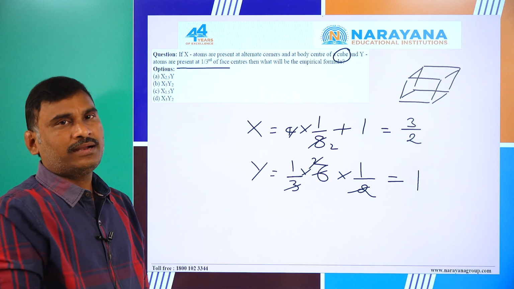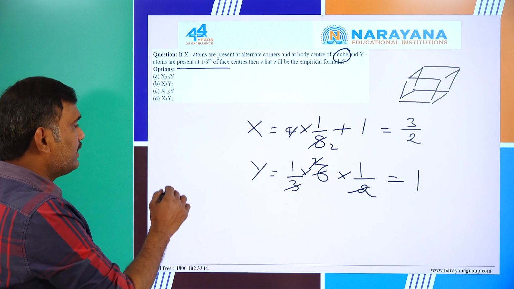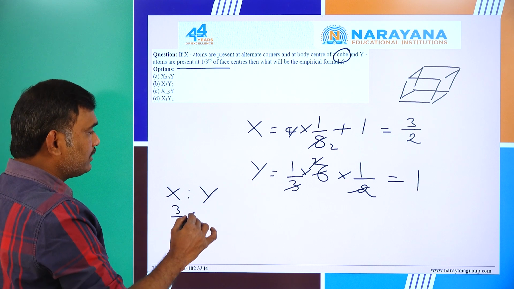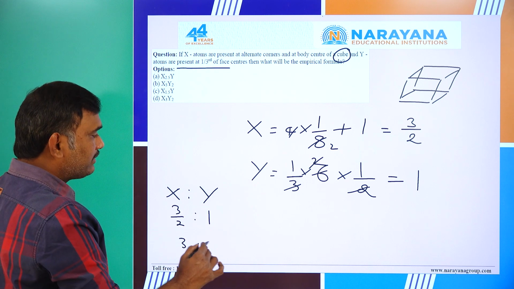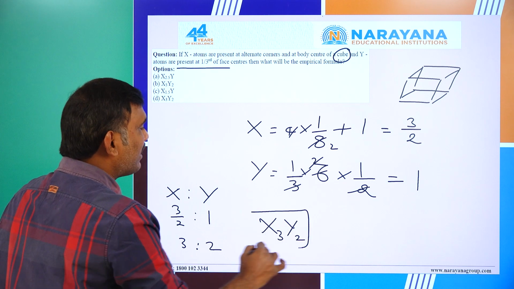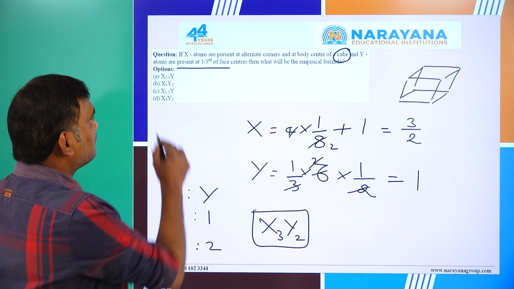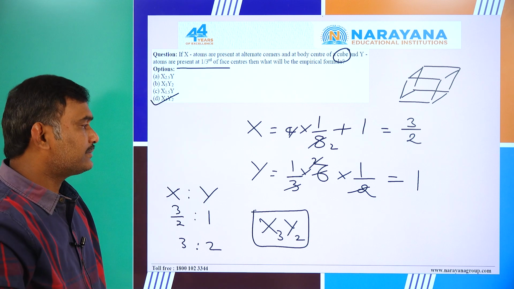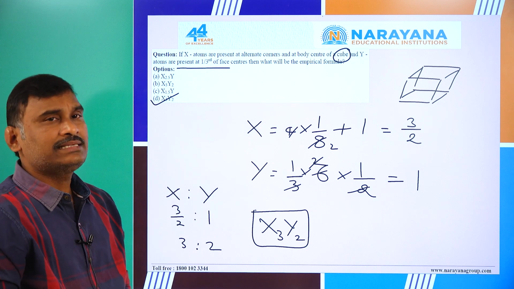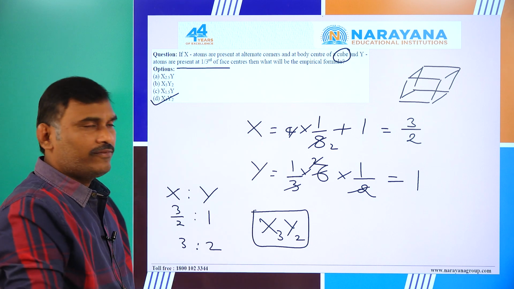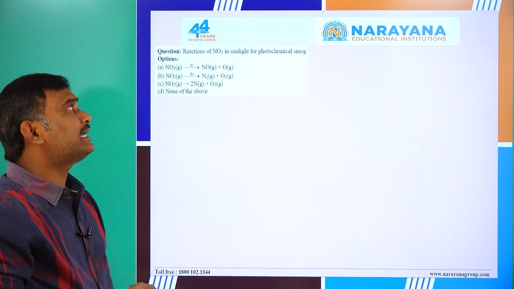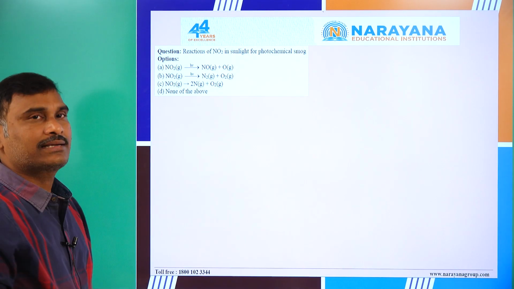That is why it is 1. Please observe carefully. So X and Y are in the ratio 3/2 to 1, that is 3 is to 2, which means X3Y2 should be the formula of the given compound. X3Y2 is the answer. They are asking for the empirical formula, which is the lowest ratio.